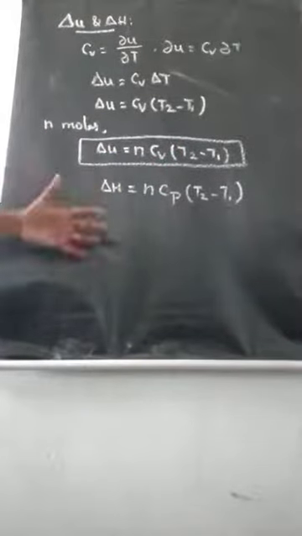The same way you can write the delta H formula also. Understand this? So first we learnt the topic, relation between Cp and Cv. By using this expression we learnt how we can measure delta u and delta H.